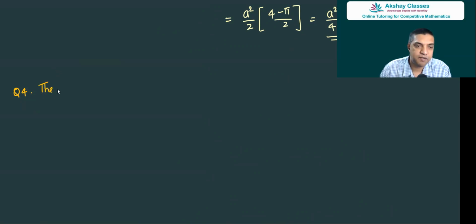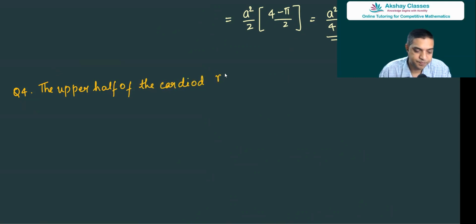The upper half of the cardioid r is equal to a into 1 plus cos theta rotates about the polar axis.